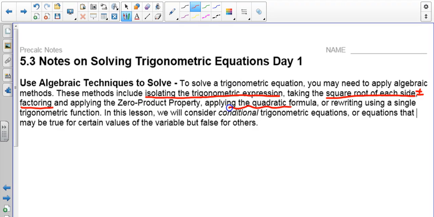It says apply the quadratic formula. I didn't assign anywhere you had to use the quadratic formula. Rewrite into a single trig function, okay? And that we're going to do more tomorrow, where it's going to give you things like secant times tangent equals, and you have to do some trading before you can even solve. Today there's a couple where we have to do a trade. I won't say there aren't any, but mostly we're just solving. All right.